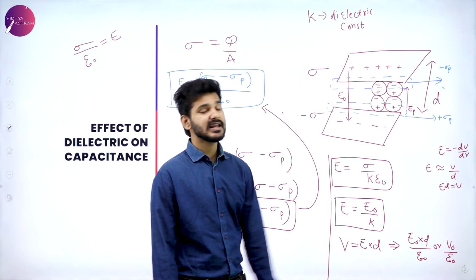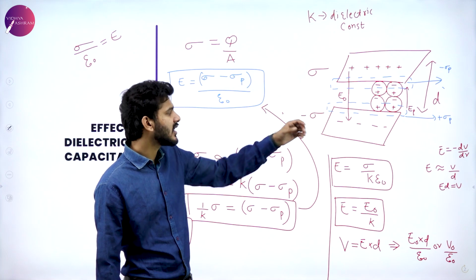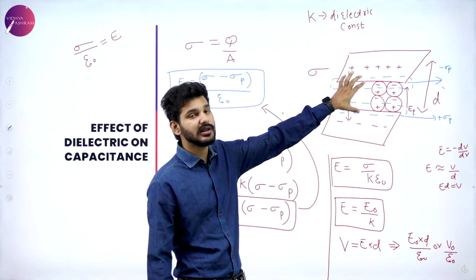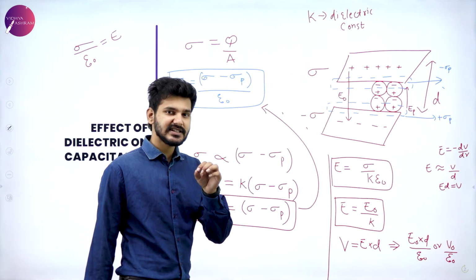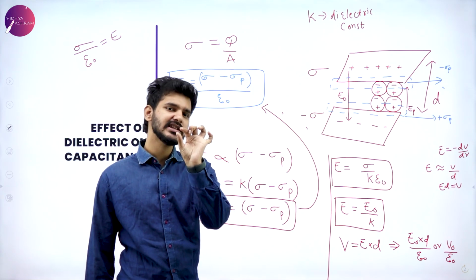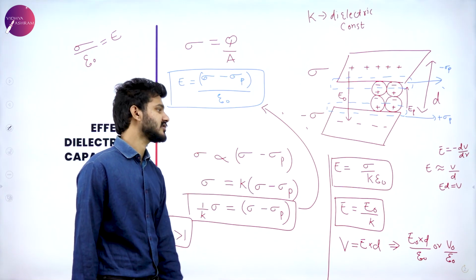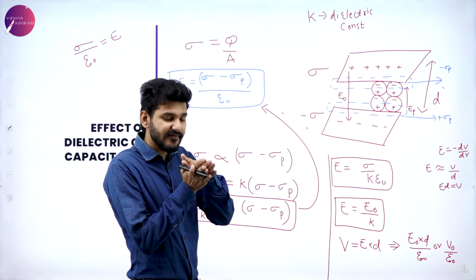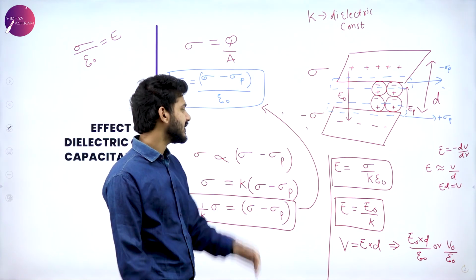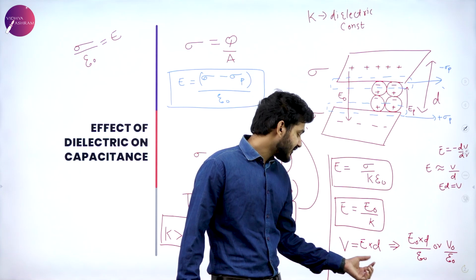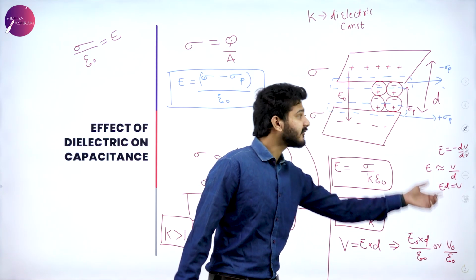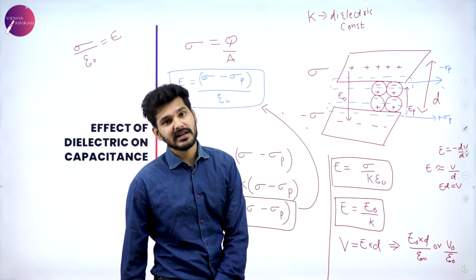Remember, E naught is the electric field between the parallel plates and D is the distance between the two plates. Generally, the distance between two parallel plates will be very small, in the order of millimeters or even micrometers or nanometers. So capacitors are very, very shortly spaced. So this particular equation will give you the new potential for that particular parallel plate capacitor.